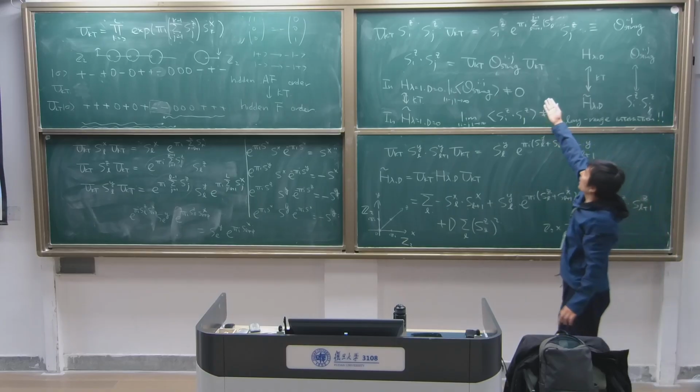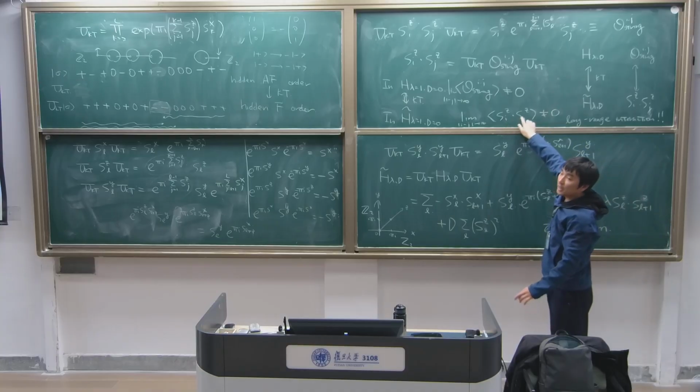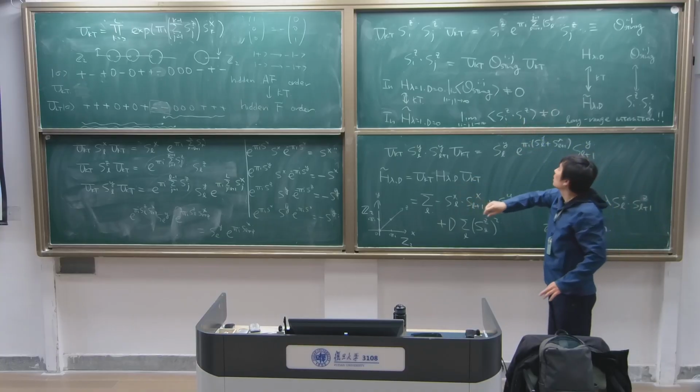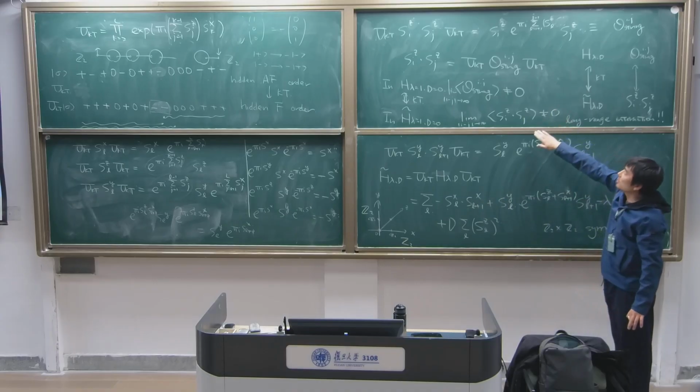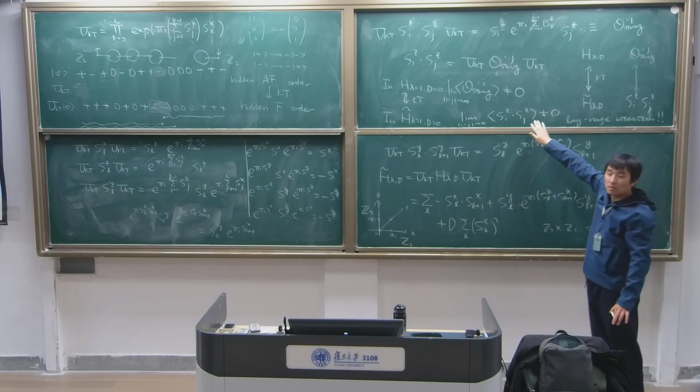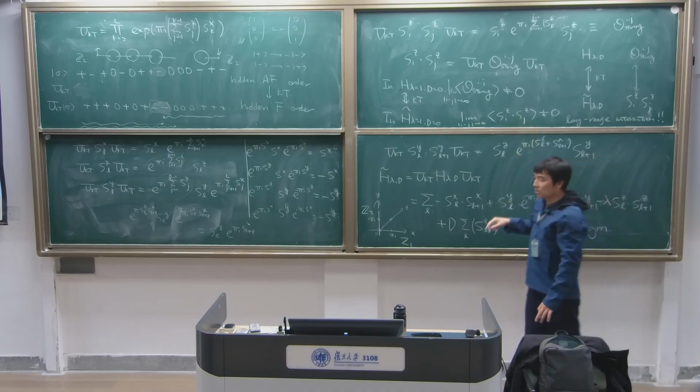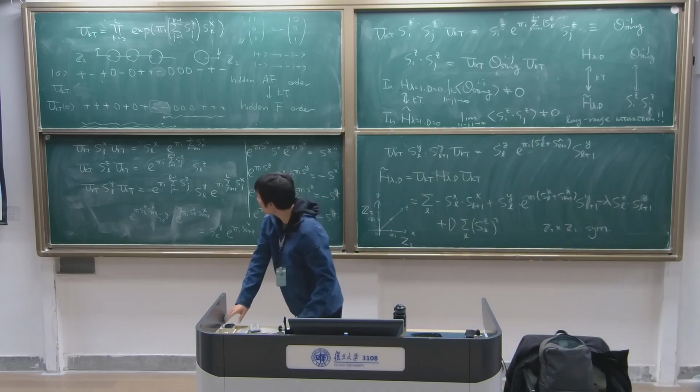So in the original AKLT, S_i S_j is an exponential decay. But now, if you go to the zero side, it becomes non-zero. Because of the string, so what's really happening is the following.